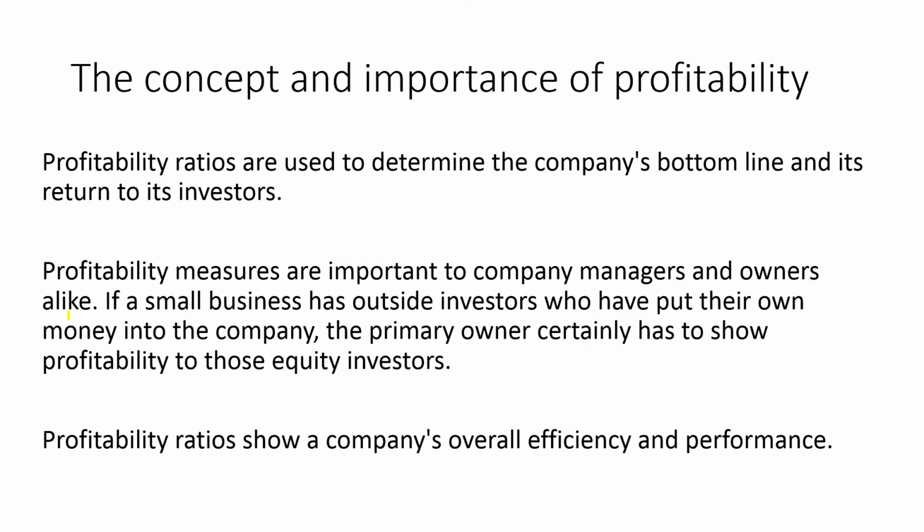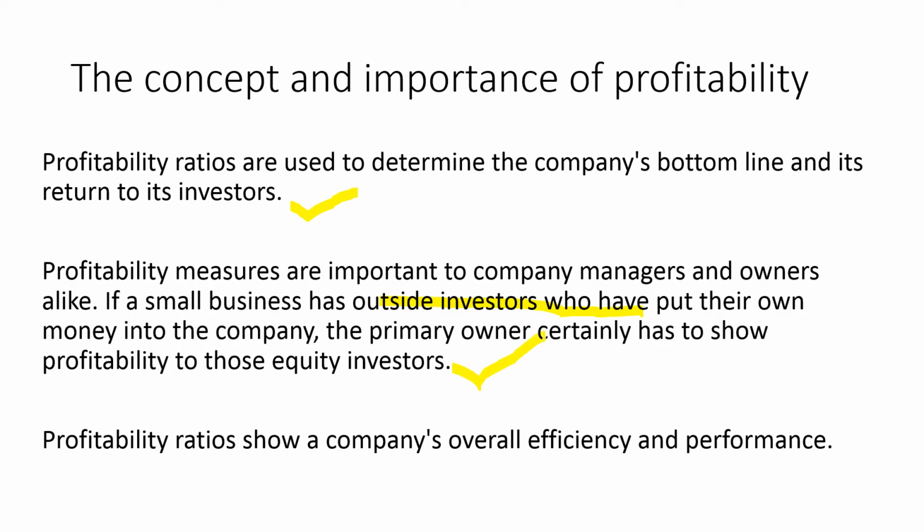So, the concept and importance of profitability. Profitability ratios are used to determine the company's bottom line and its return to investors. So that's what profitability is, and that's why it is so important. Profitability measures are important to company managers and owners alike. If a small business has outside investors who have put their own money into the company, the primary owner certainly has to show profitability to these equity investors.